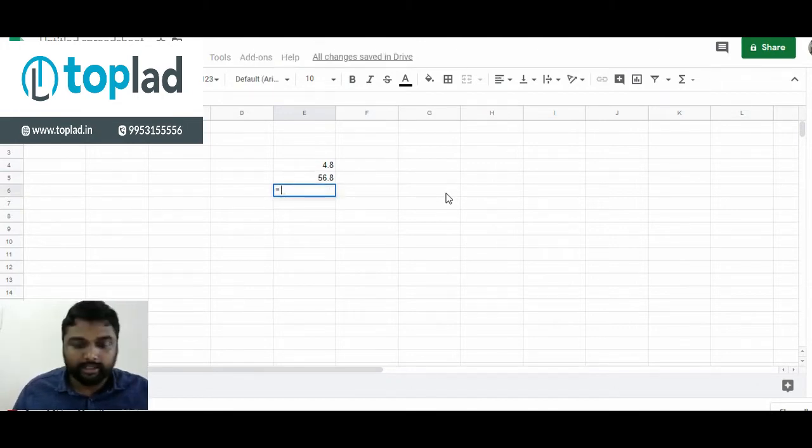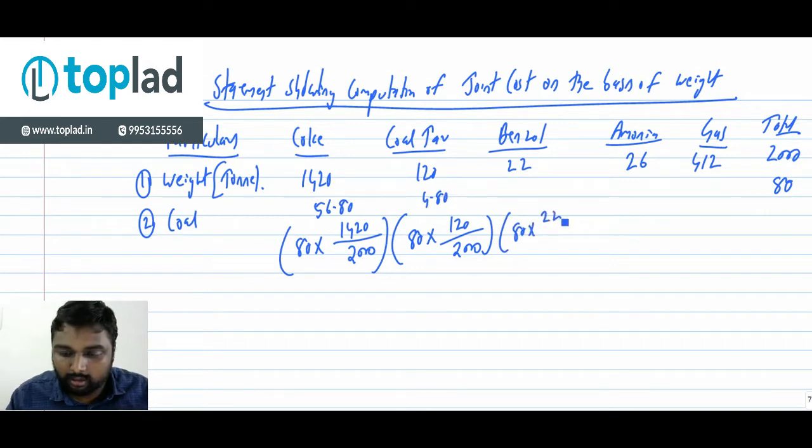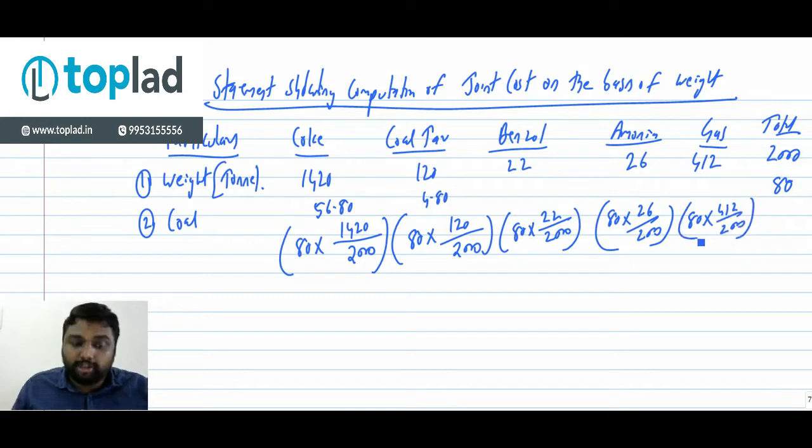Like that you have to find out each item: 80 into 22 by 2000, 80 into 26 by 2000, 80 into 412 by 2000. Is it over?